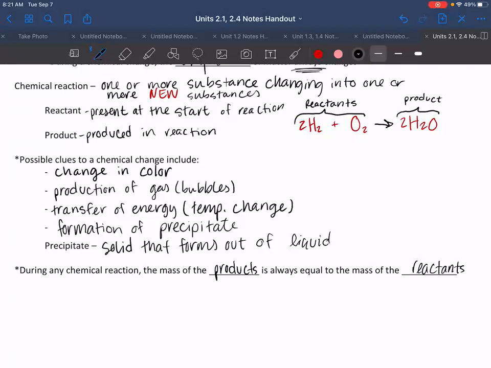Law of what? Starts with a C. Conservation, exactly. The law of conservation is where this comes from. If you remember anything, you can't just create or destroy matter. It has to go somewhere. This is a really important thing to think about in chemistry, all right? Are there any questions right now? Okay.